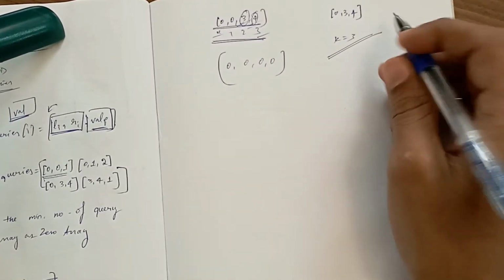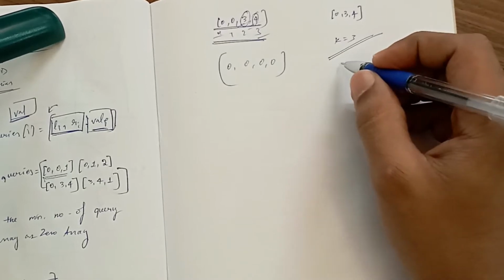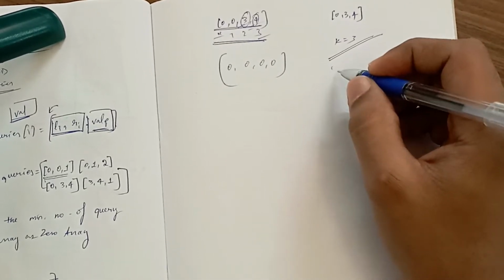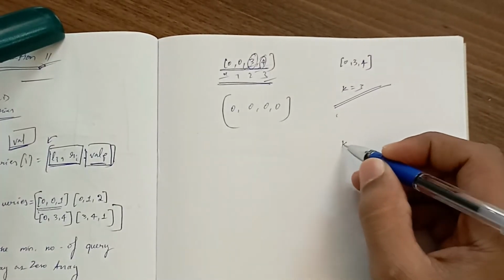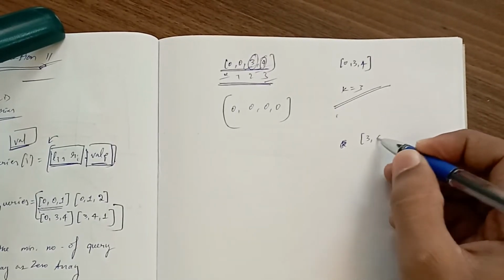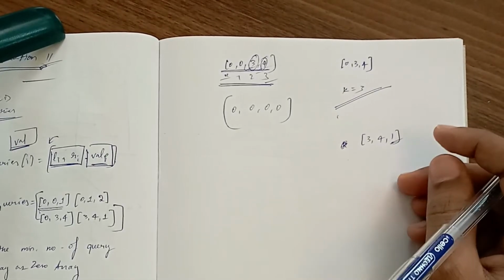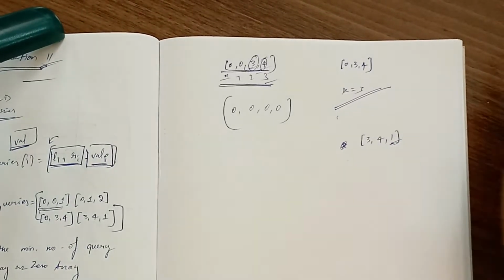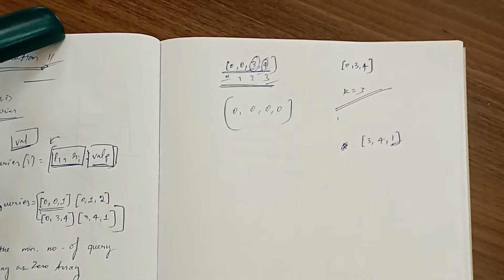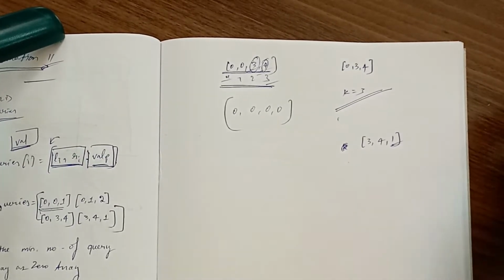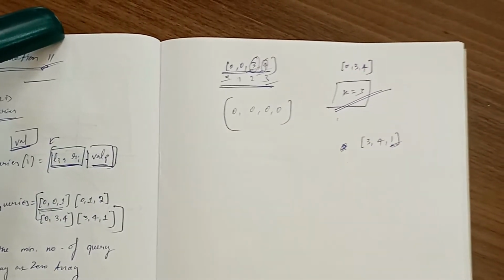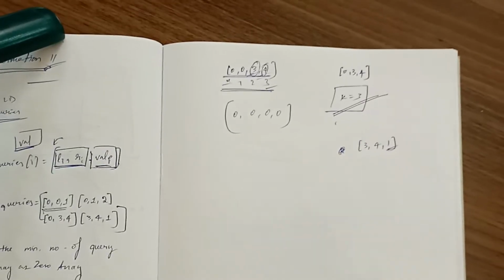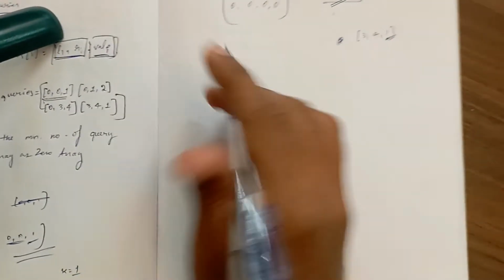So we return 3 as the minimum number of queries to make the array a zero array. We need not iterate to the next query, 3 4 1. So after doing 3 queries, we get a zero array. But how can we get to that approach?